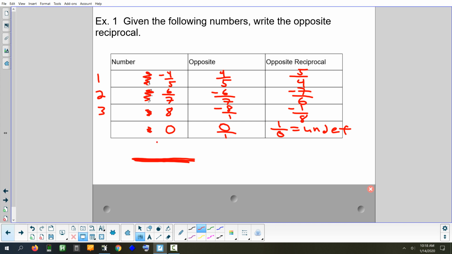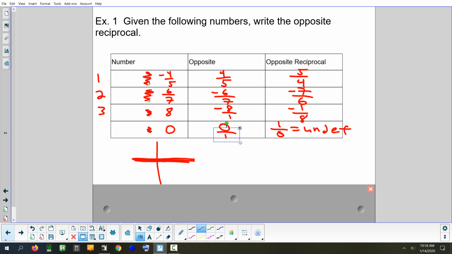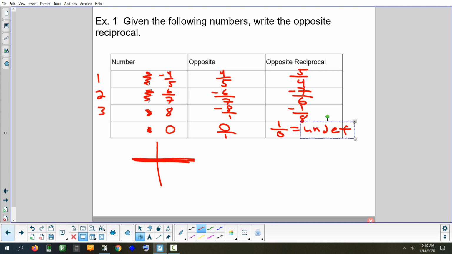Vertical. So this last one is kind of a special case. Slope of 0 is perfectly horizontal. Undefined is a slope of vertical. That's when the plus sign is perfectly up and down and left and right. All these other ones, the plus sign is going to be turned, on an angle, except for that last one, number 4.